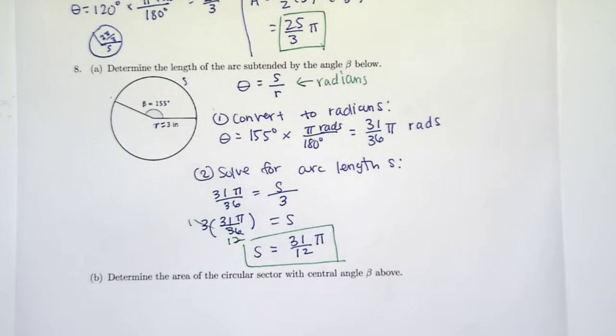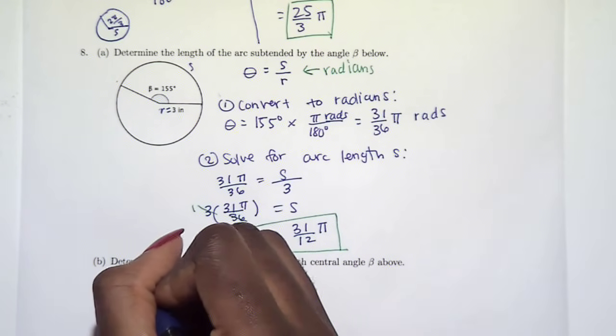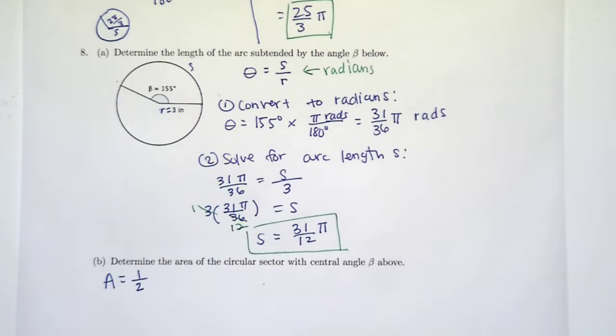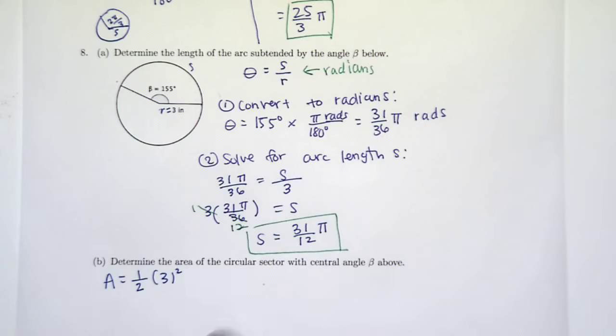All right, next, part B says, determine the area of the circular sector with central angle beta. All right, so remember we have our area equation. Area is 1/2 times the radius, so this is something you will need to know. 1/2 times the radius squared times our angle.